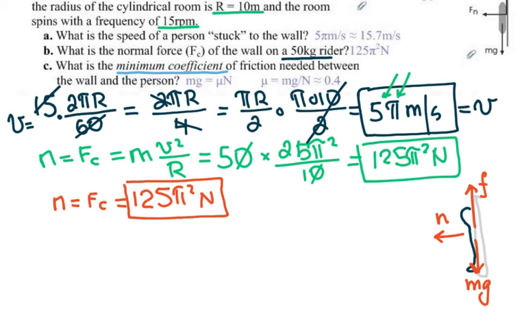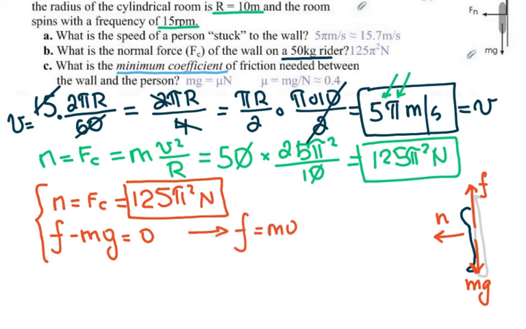And the friction force must be equal to mg in order for the person not to move up and down, or you can say friction minus mg is equal to 0. The net force is equal to 0. So from here, I can say that the friction is equal to mg. But the friction is equal to mu times N. So instead of the friction, I can write mu N equals mg.